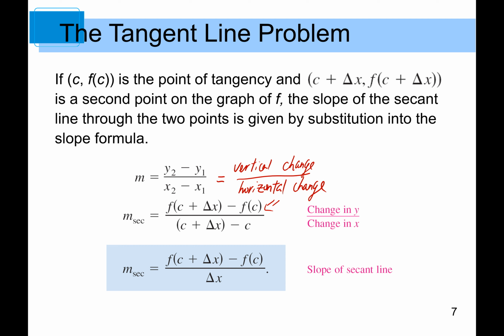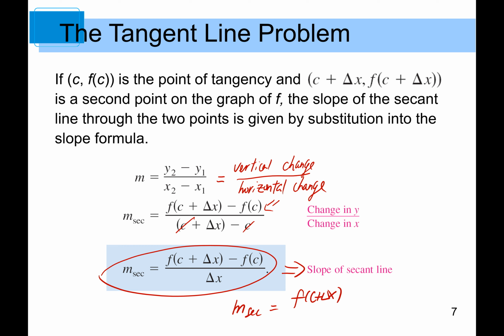In the denominator, we cancel c, so we end up with the slope of the secant line: f of c plus delta x minus f of c, over delta x.